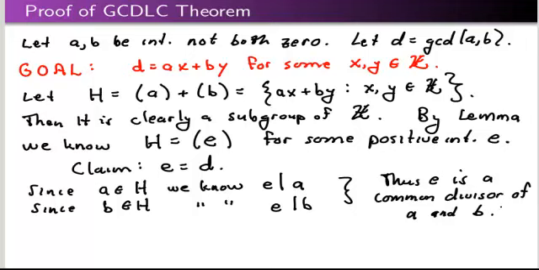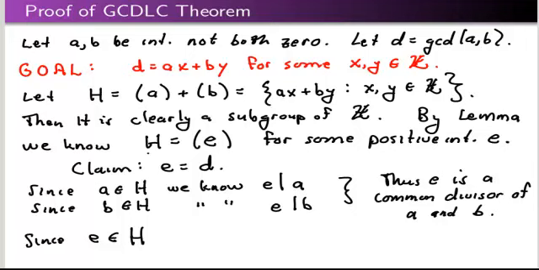Okay, next, we want to show it's the greatest common divisor. So suppose you have some other number that is a common divisor of A and B. And we claim it's a divisor of E. So the point here is that since E is an element of H, it must in fact be some linear combination.